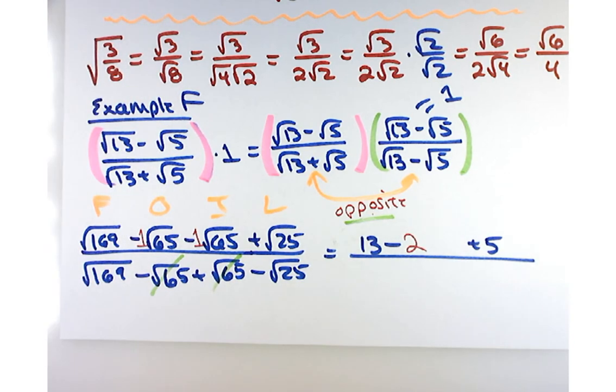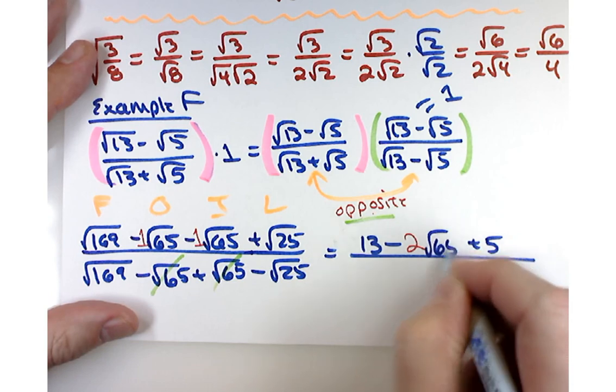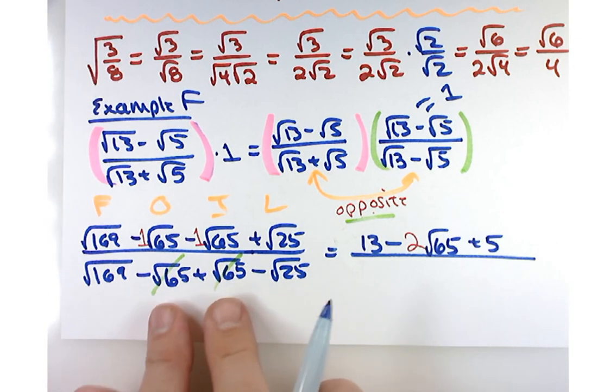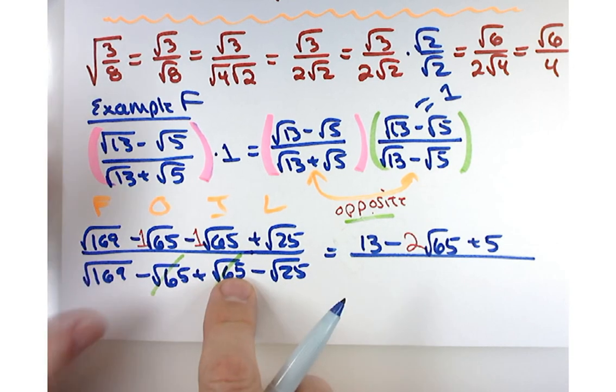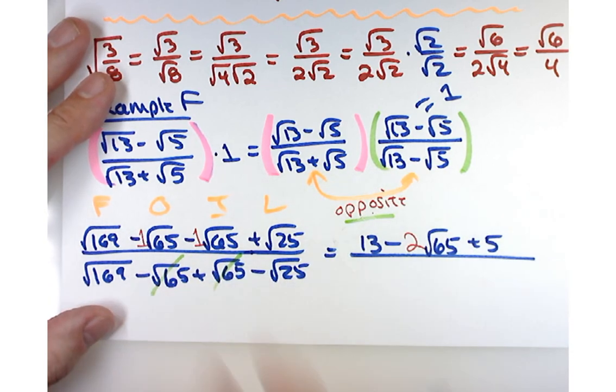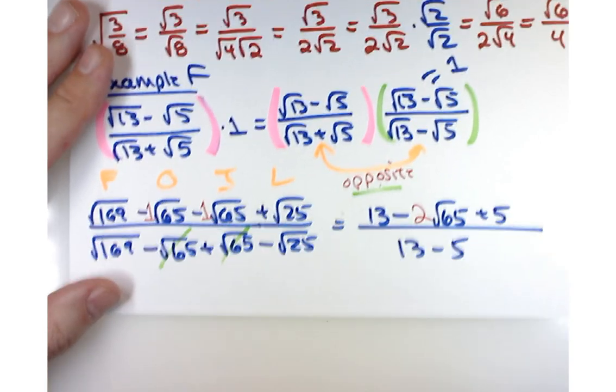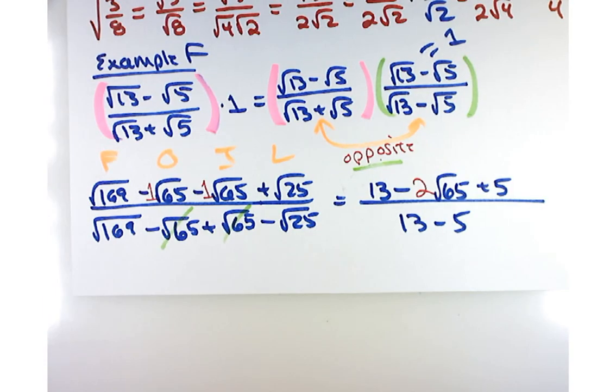Nice. In the denominator, things are even better because these terms were opposite in sign thanks to our clever choice up here. So those cancel out entirely. We get 13 minus 5, and I need to spill over onto the next sheet.